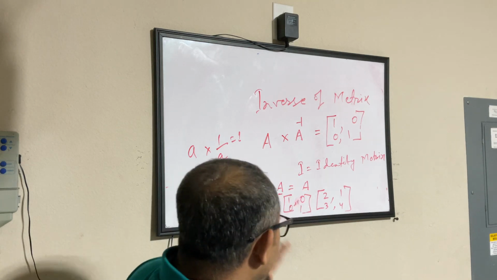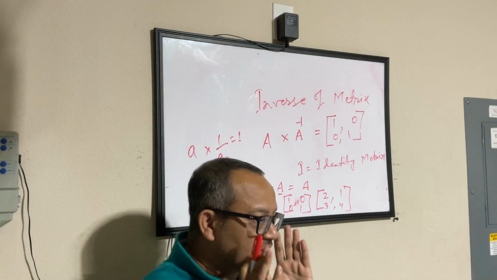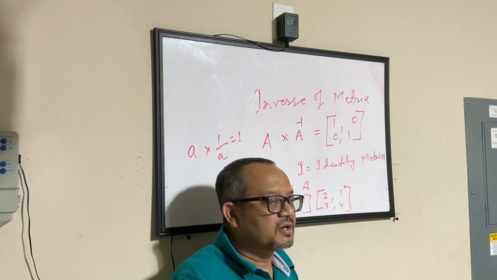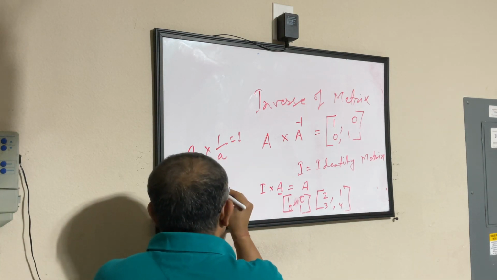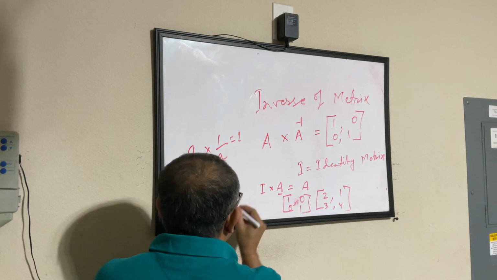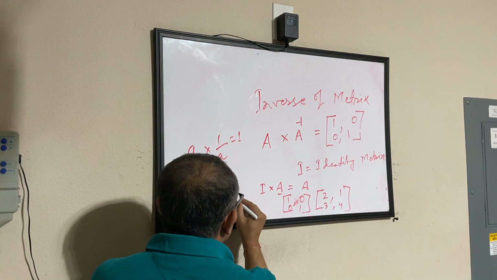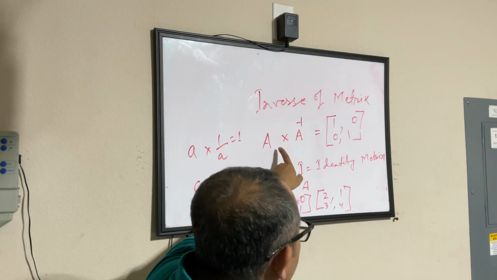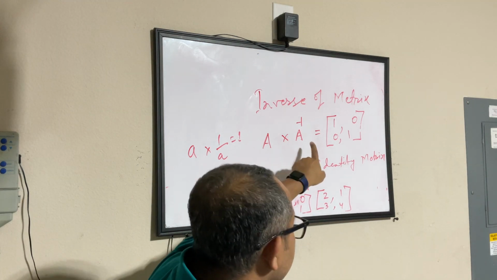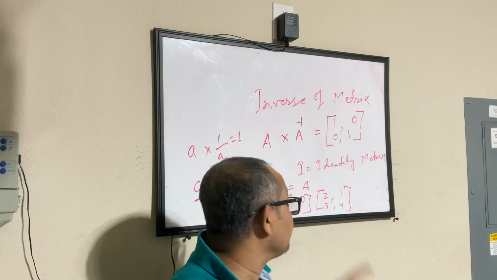So let me repeat this one more time. When we talk about inverse of any number, any variable, if I am talking about inverse of A, that is nothing but this. When I multiply this number with its inverse, I get a 1. The similar formula applies when you multiply inverse of a matrix. And so far we have not even talked about how do I find the inverse of a matrix.